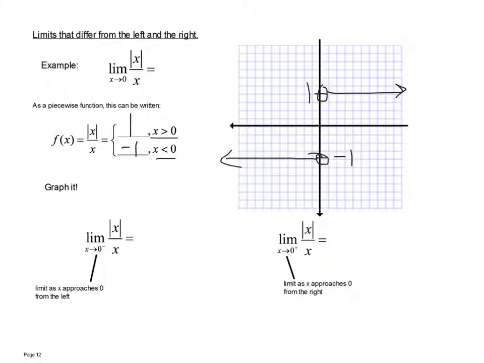And then, I said 1, it should be negative 1. All right, so from my left, I'm going along and I get closer and closer to negative 1, but coming from the right, I get closer and closer to positive 1. So those are something we call left-handed and right-handed limits. And you put this little negative sign that lets you know that you're coming from the left.